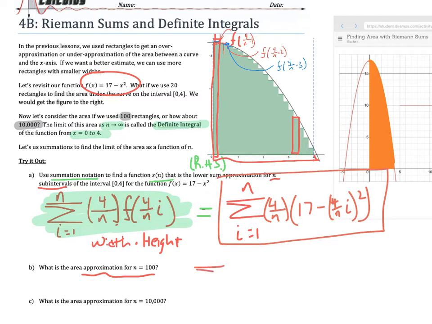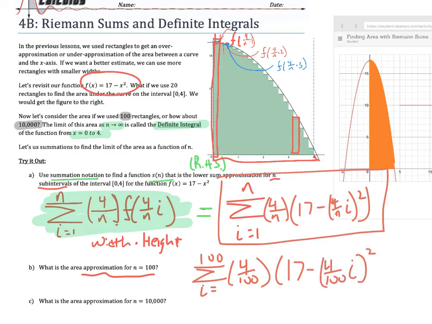So we have the sum of i equals 1 to 100 of 4 over 100 times 17 minus 4 over 100 times i, squared. So there's our width times the length.